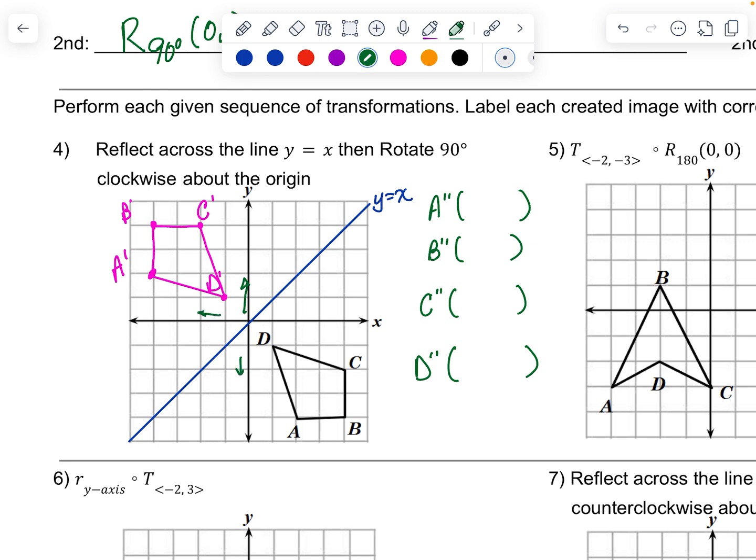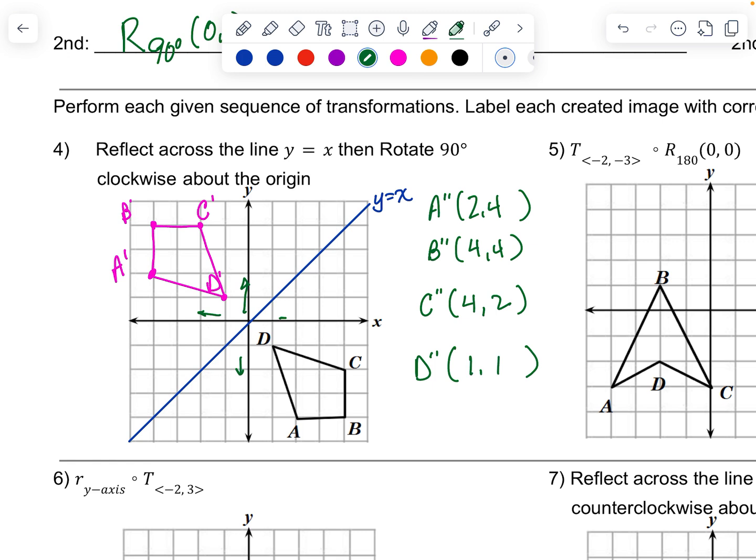This is positive y and negative y. So A prime is positive 2, positive 4. B prime is positive 4, positive 4. C prime is 4, positive 2. And D prime is 1, 1.